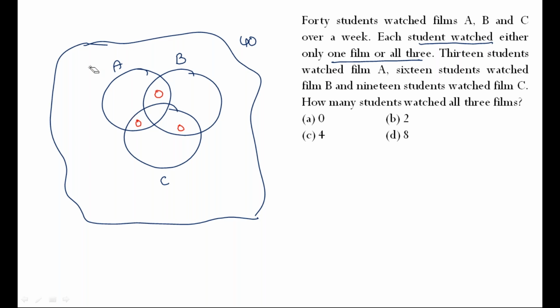See the fun, guys, you can learn a lot of things. 13 watch film A, 16 watch film B, 19 students watch film C. Now all three we don't know. Let it be X. But my dear friends, what is this? Only A is 13 minus X, because the total is 13.